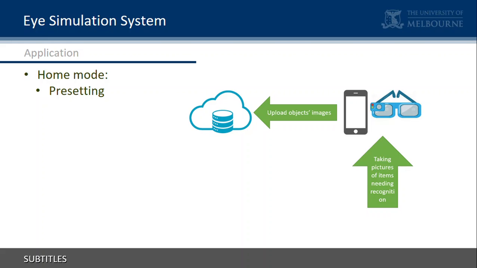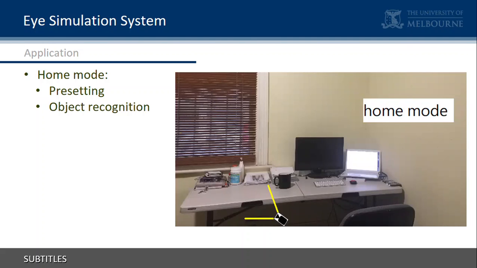Finally, the home mode is used to recognize objects inside the blind person's house. Before the first time using the home mode, the user needs to photograph the objects they want recognized and upload them to the database. Under home mode, the user says a command like find cup.